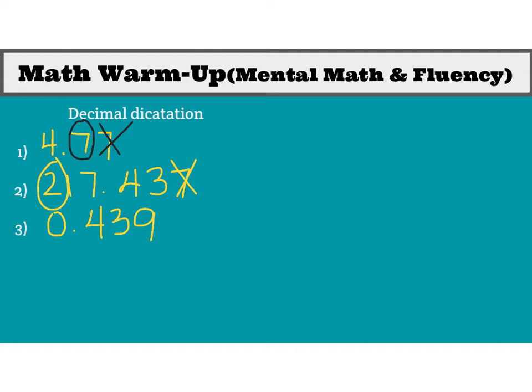Okay, so in this decimal, I want you to cross out the number that is in the tenths place and circle the number that is in the hundredths place. How'd you do? Nice. I figured you would do well. Okay, let's move on.